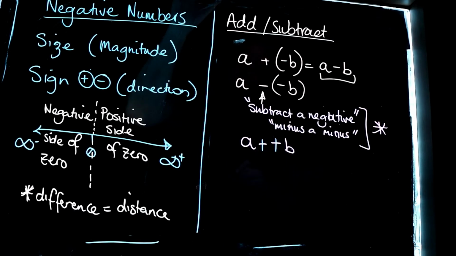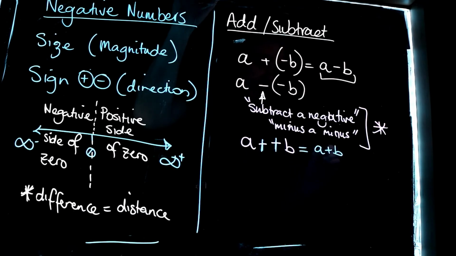That can be as simple as, I hope the camera picks up the change in colour there, changing it with two strokes of the pen. I've changed both those negative signs to pluses. So now I read this as A plus B.